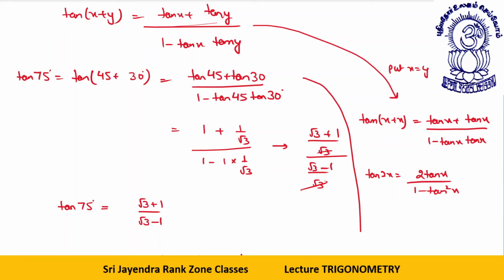This becomes root 3 cos 20 minus sin 20, divided by sin 20 cos 20.